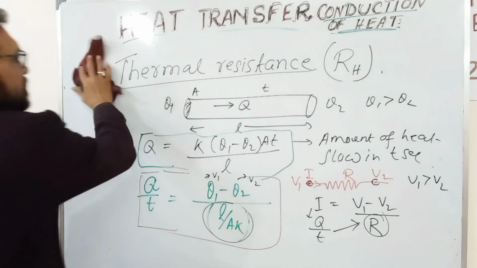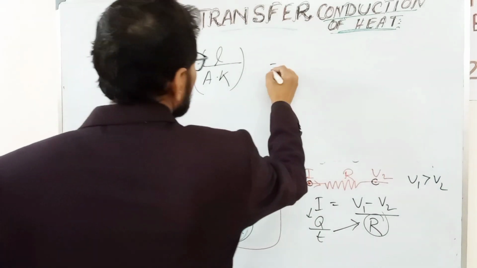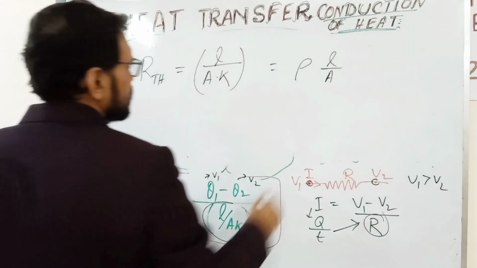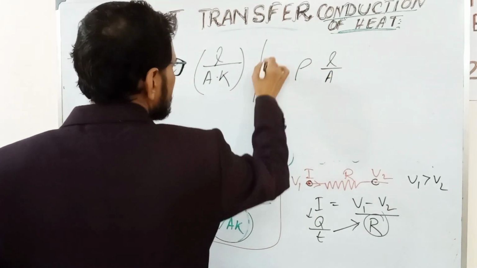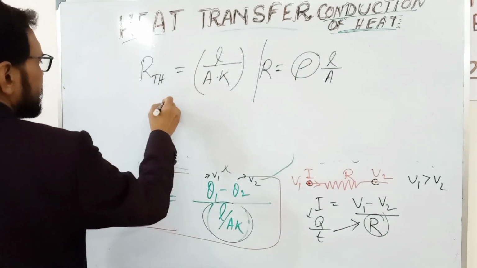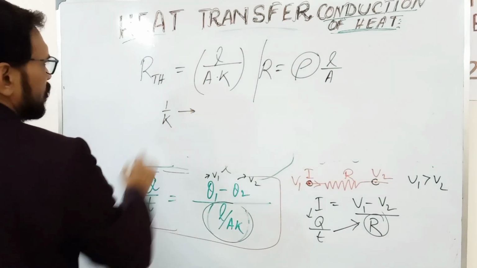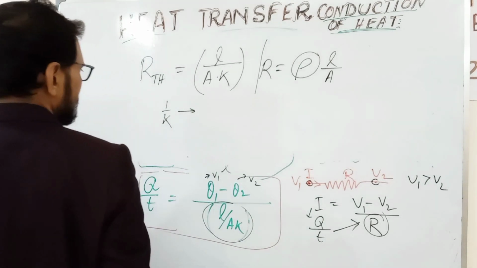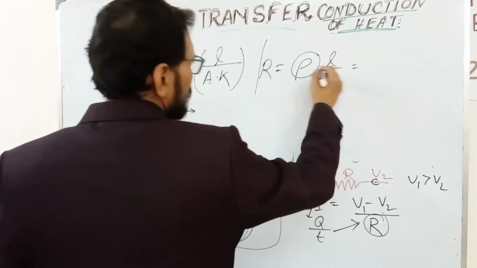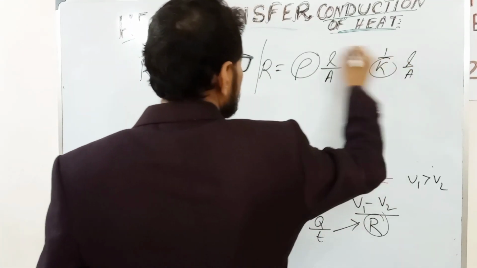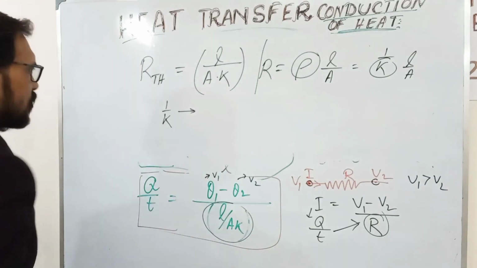We know resistance equals rho L by A. Here also L by A is present, and for electric resistance rho is the resistivity. So here 1 by K is the resistivity of heat.